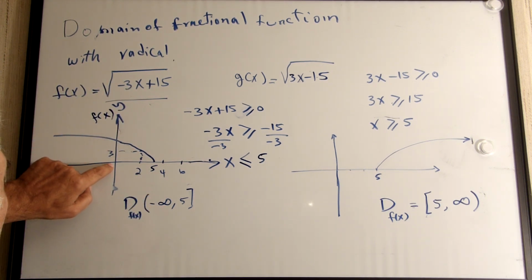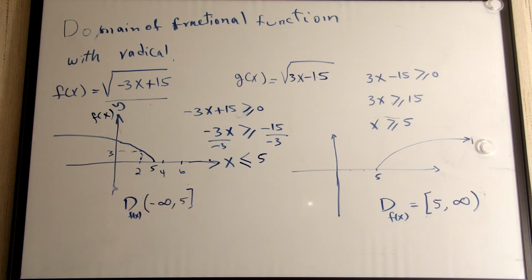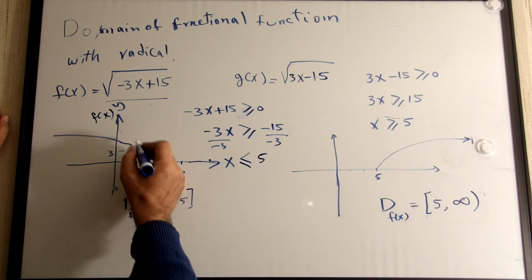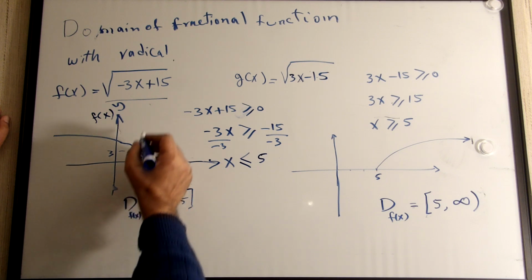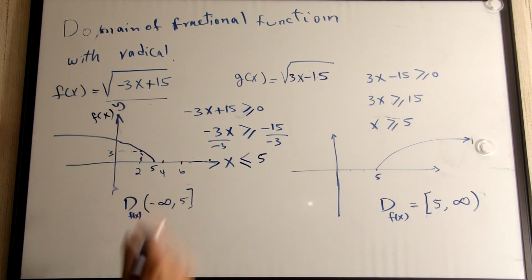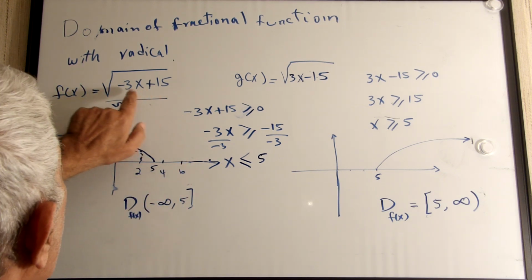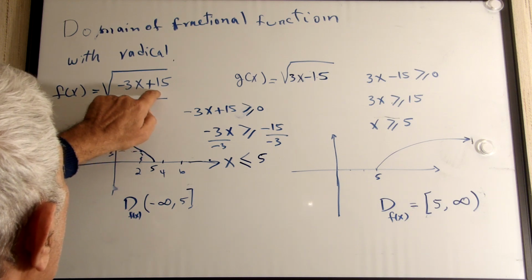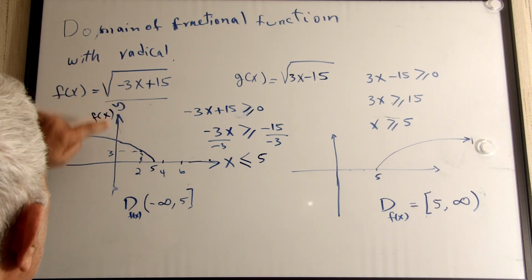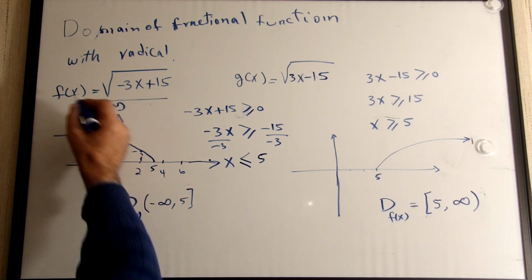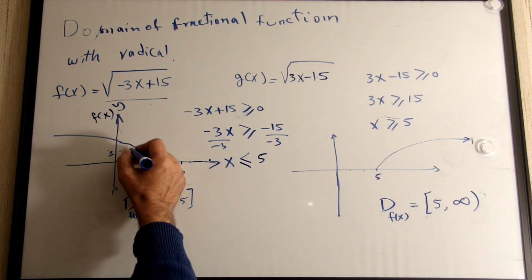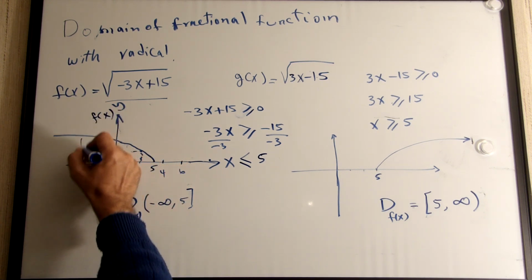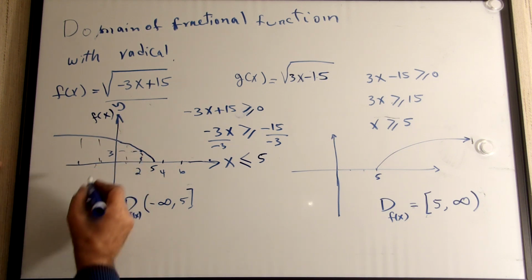Like here, for example, x is 2. You can find y: minus 6 plus 15 is going to be 9. Square root of 9 is going to be 3. So f of x is going to be 3.